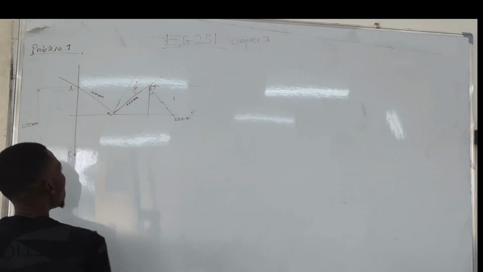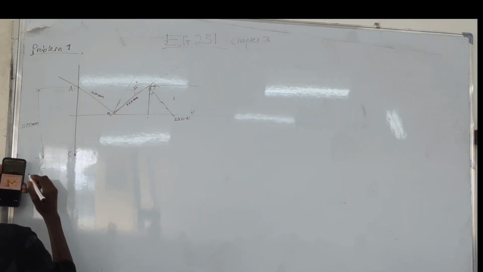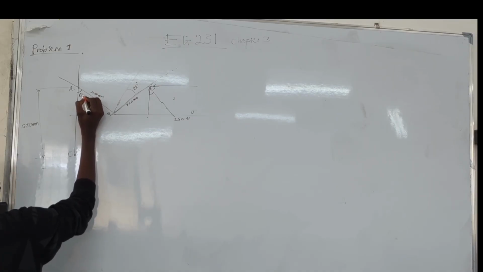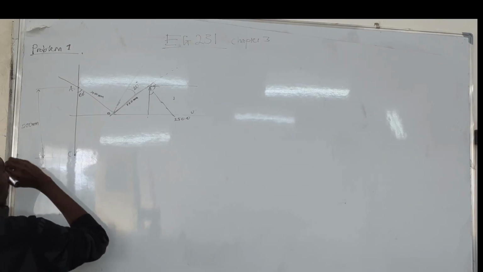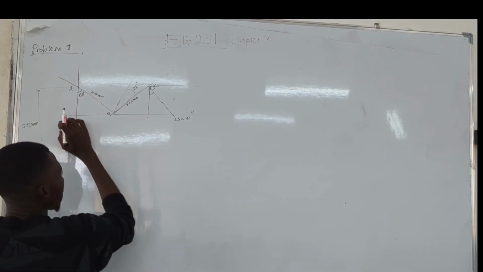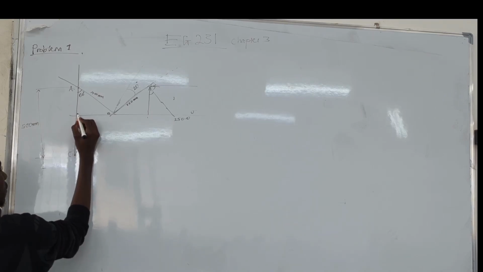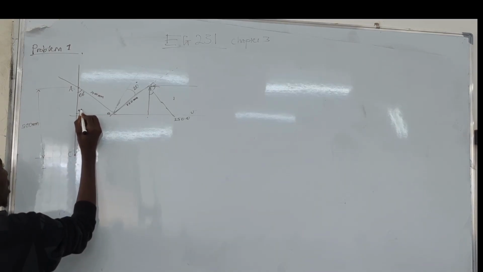As you can see, the angle here was given to be 60 degrees. We have drawn a straight line here, so this angle can be 90.